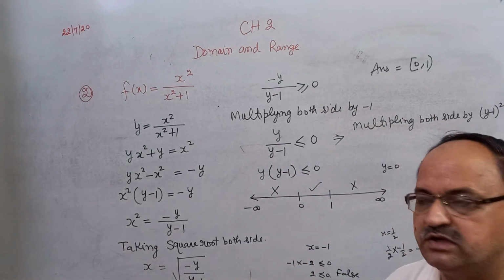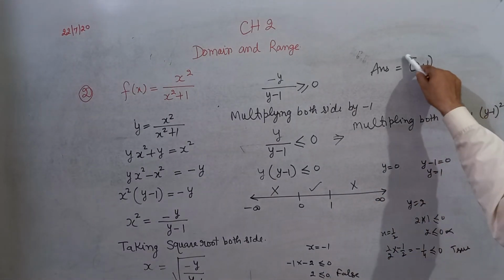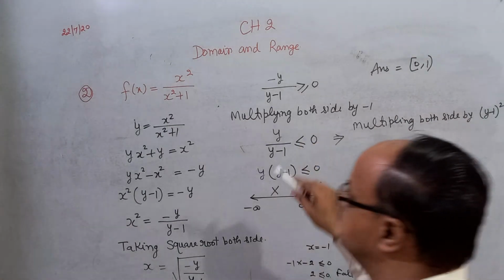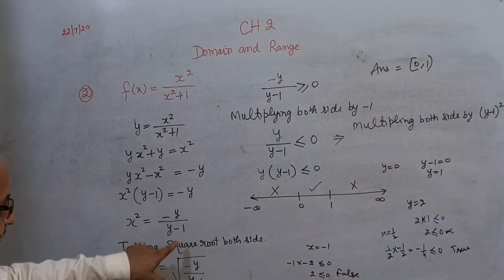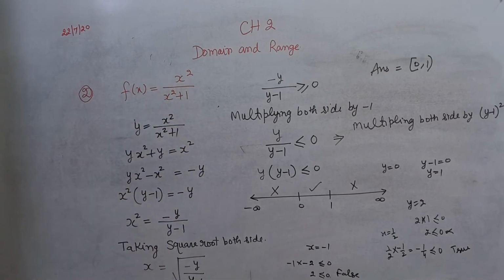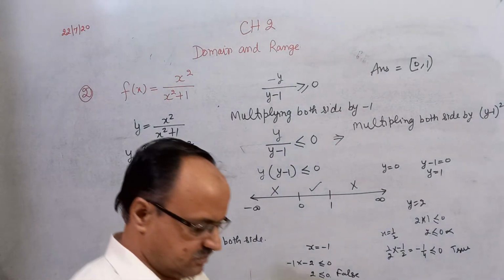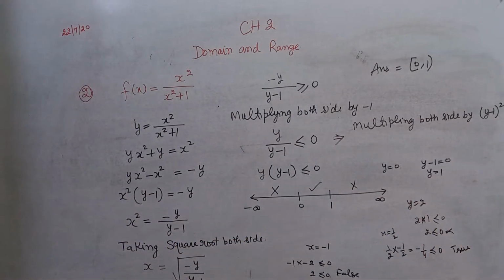Very important point of this question. Here it is open interval and here it is closed interval, because the value x equal to 0 lies in this interval; when you put x equal to 0, the result is 0. This is the second method of this question. Clear?